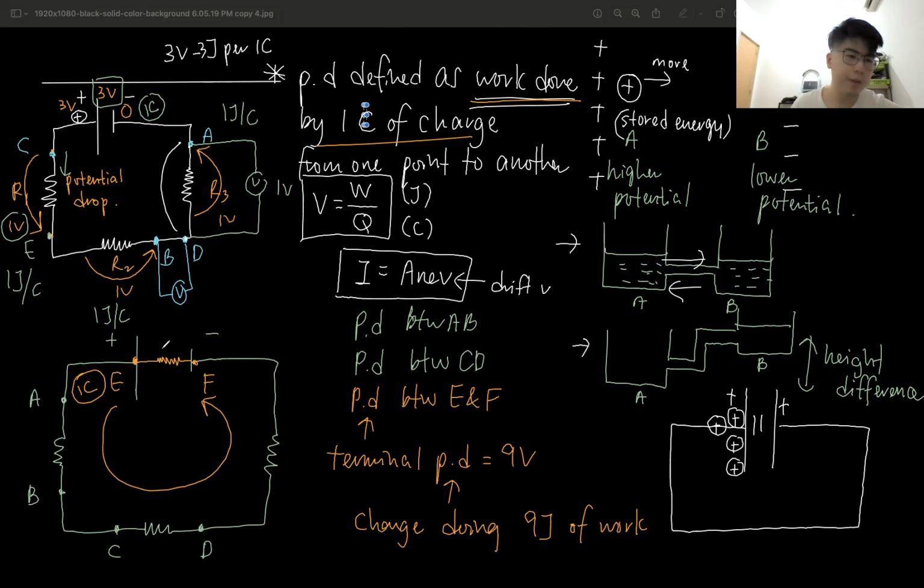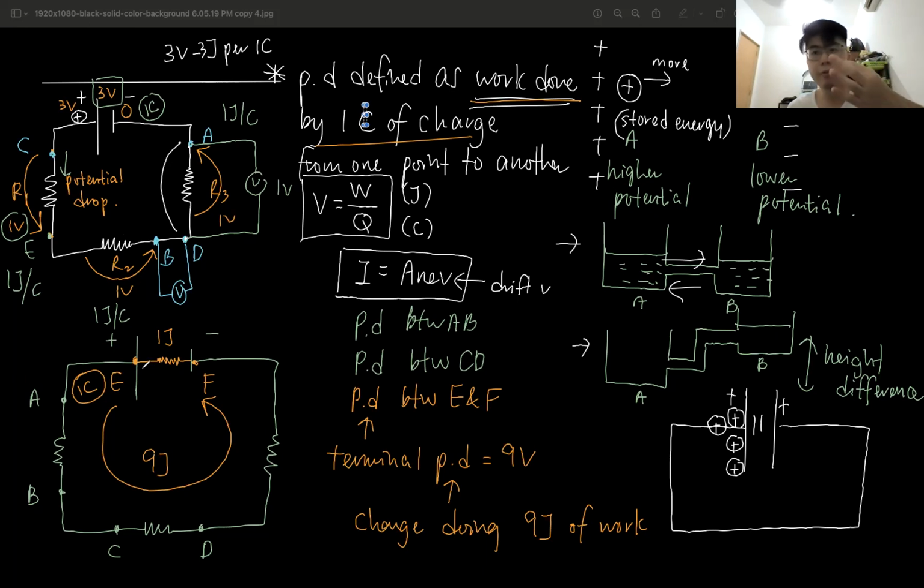This distance is very, very small, but there's a resistance in that distance. There's a resistance inside the battery. The charge is doing 9 joule moving from E to F, and then as it completes the circuit, it does a little bit of work again moving from negative to positive inside the battery, 1 joule.